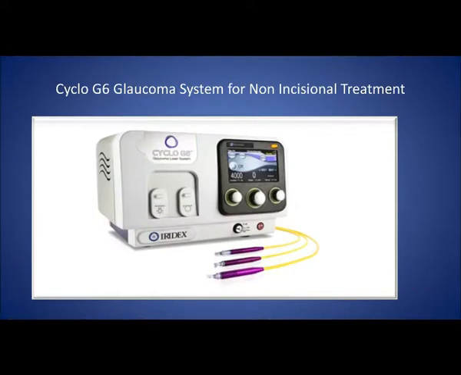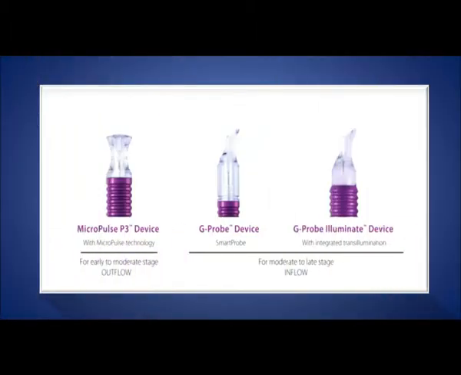Also, the Cyclo G6 glaucoma system for non-incisional treatment. It's a good option for earlier disease in which we want to avoid filtering blebs or placement of hardware in the eye.